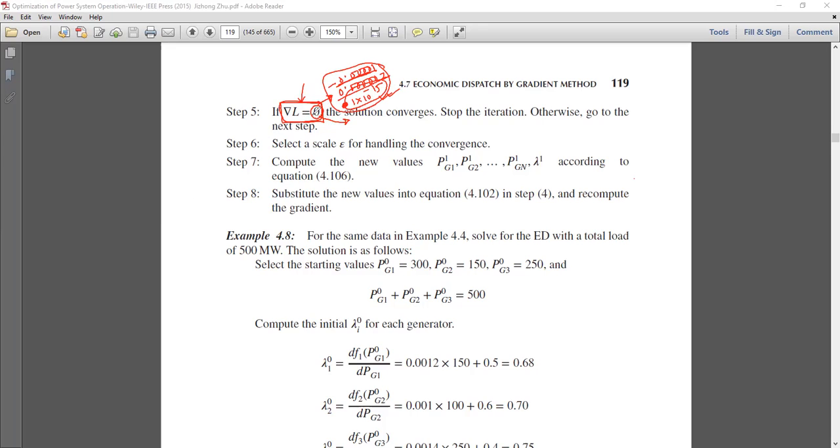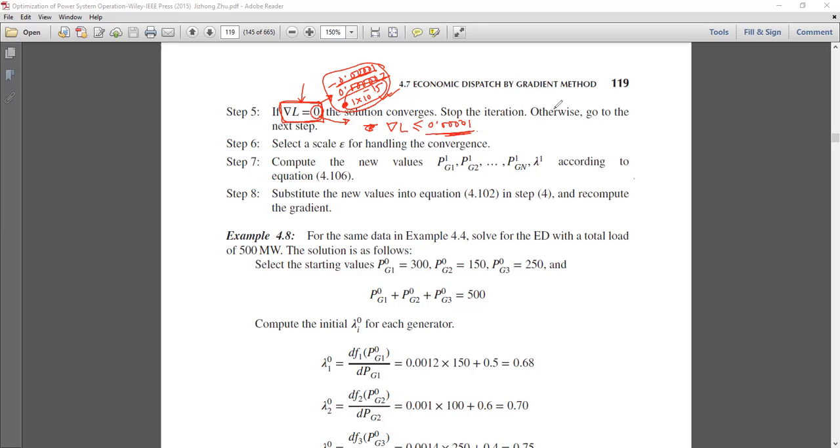Let's say if del L is less than or equal to 0.0001, something very small value. Some tolerance, you provide some tolerance so that your algorithm converges, the solution converges within a finite time. Otherwise, it might take a pretty long time to converge to the solution.